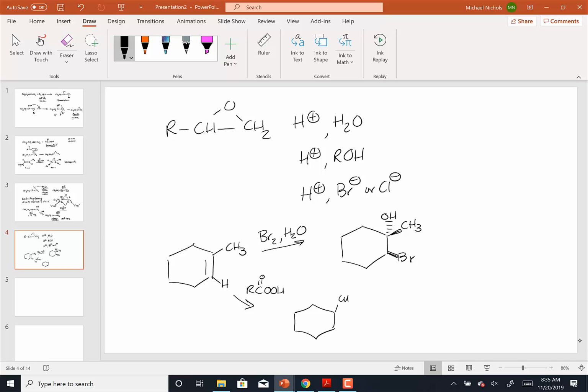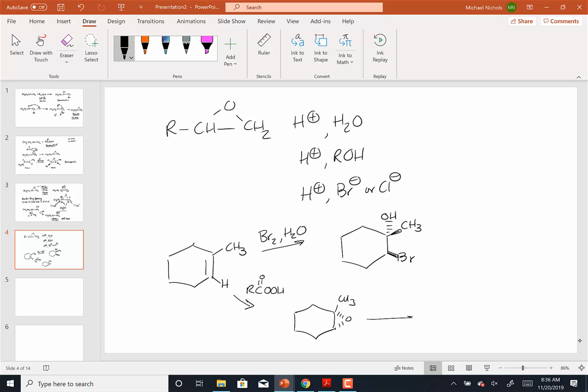So when I make the epoxide, I'm going to have, and those are wedges, not dotted lines. If you want, you can put bold wedges in there. It just shows that the epoxide added to one side or the other.